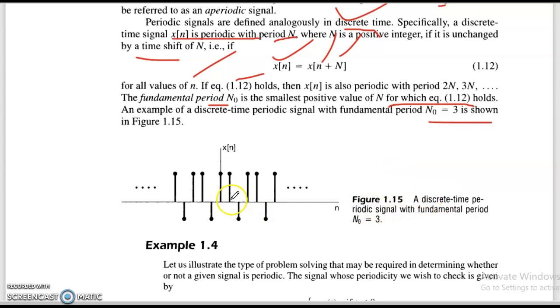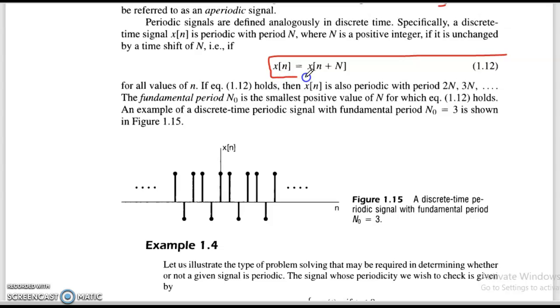This is a discrete time periodic signal, discrete, not continuous, like this. A discrete time signal with the fundamental period N naught equal to 3. Once again, if equation 1.12, x of n equal to x of n plus capital N, holds, then x of n is also periodic with period 2N, 3N, and so on.